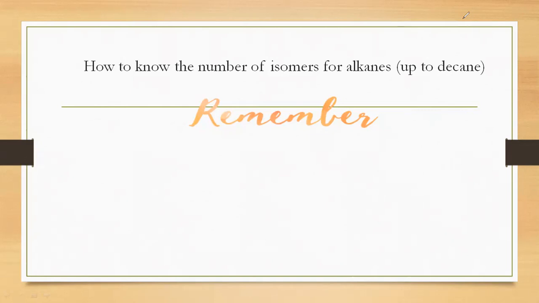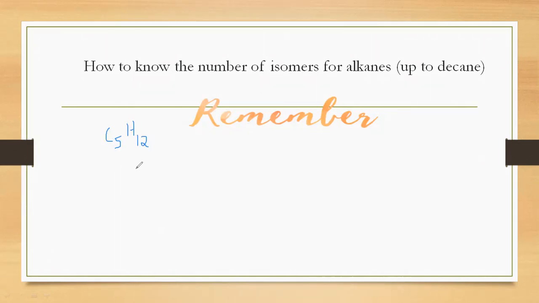That you may have to know. Or for a given alkane, what is the number of isomers present? Say here, I have C5H12, which is pentane. So how many isomers are possible for this?